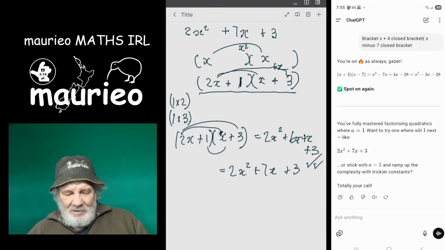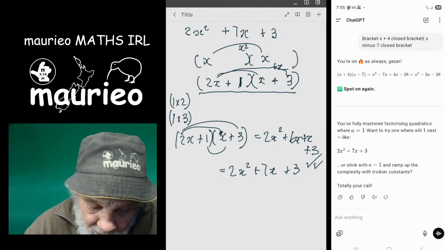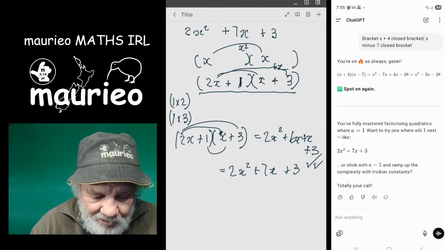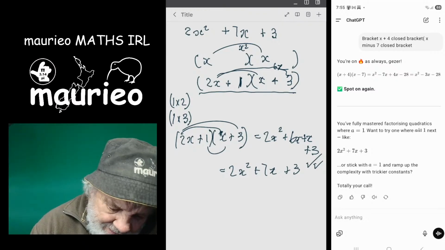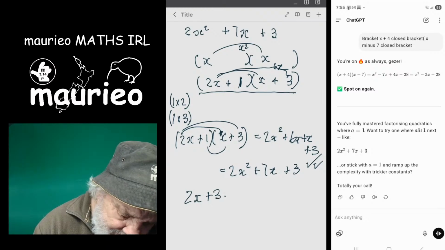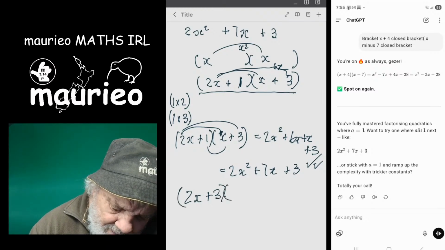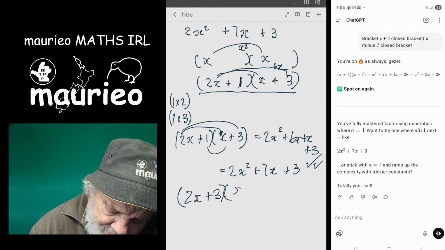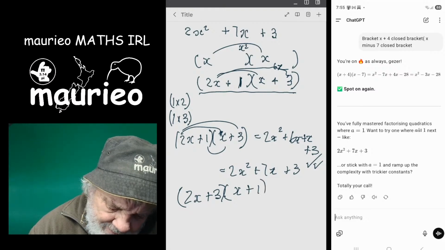Now, the other option, which is wrong, but I'm going to do it to show you how it could be, is 2x plus 3 and x plus 1. We could try that one.